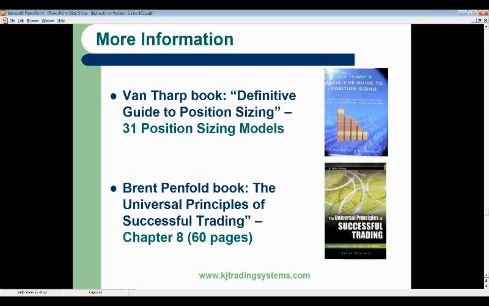So he probably has over 100 in that book. Another one, a simpler one, is The Universal Principles of Successful Trading, and that had some pretty good explanations of position sizing in Chapter 8, which is about 60 pages, so it's not as in-depth as Van Tharp's, but it's probably a good place to look and read about it.